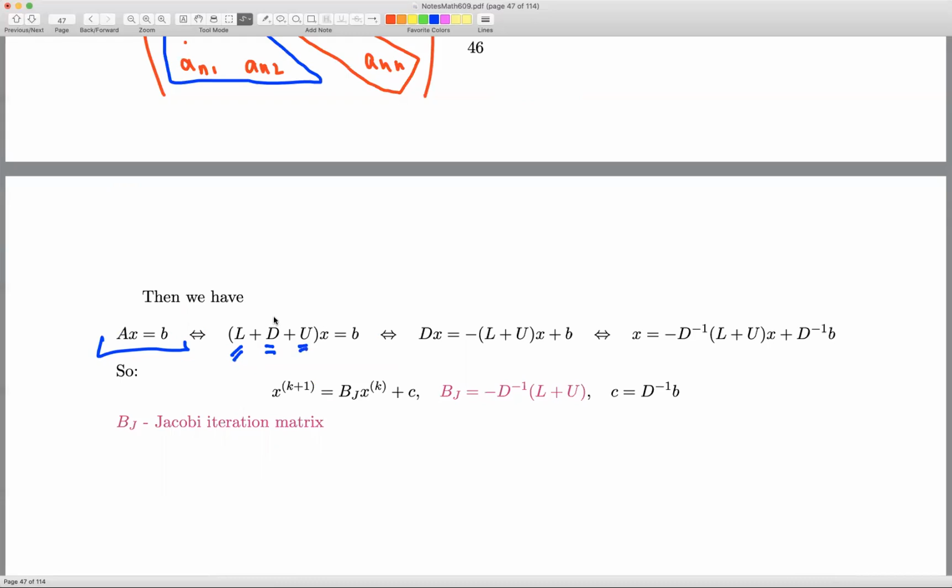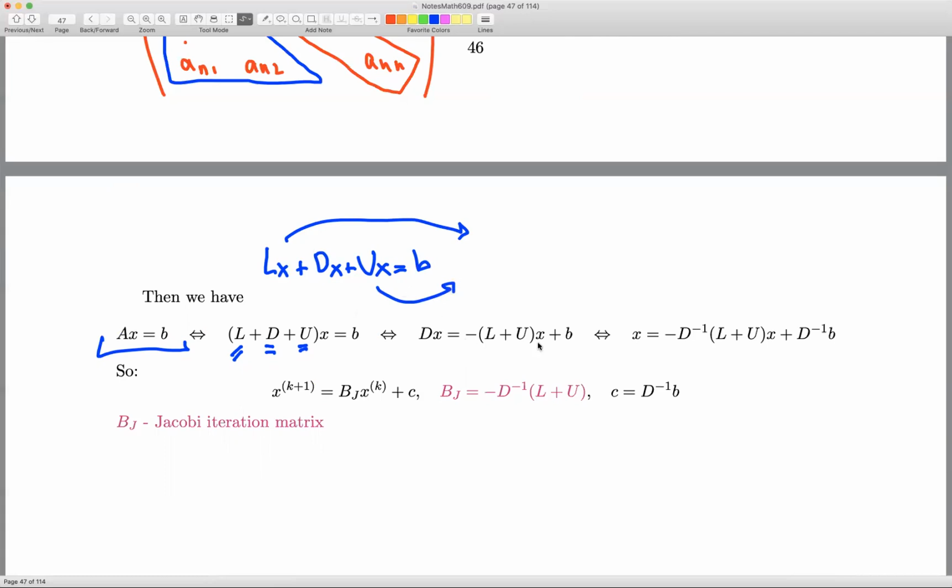And we multiply all these matrices by X, so we'll have LX + DX + UX = B, and then LX and UX go on the right hand side with a negative sign.